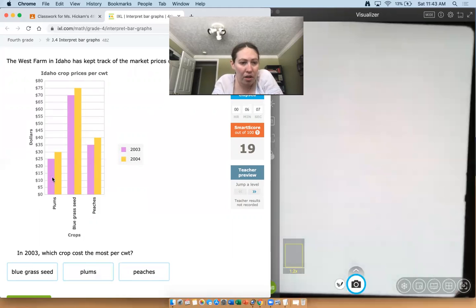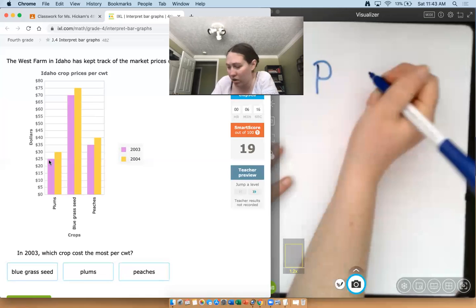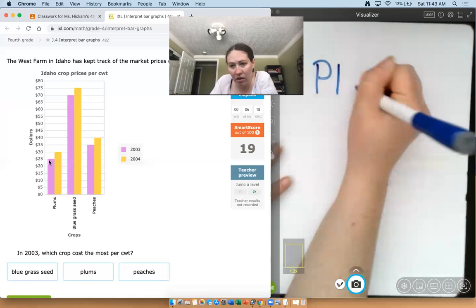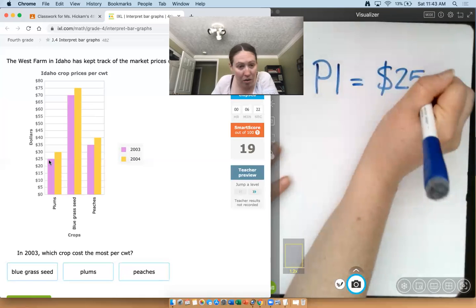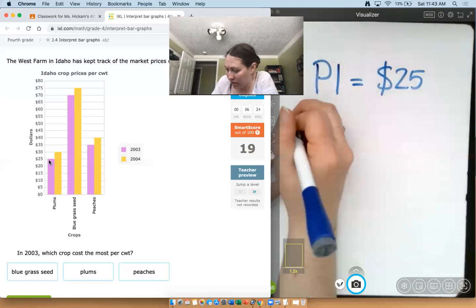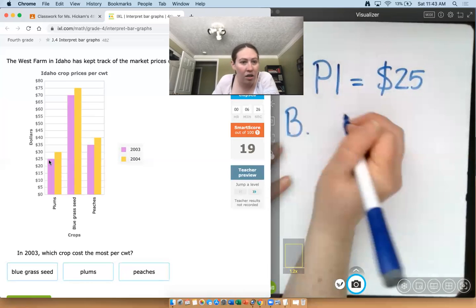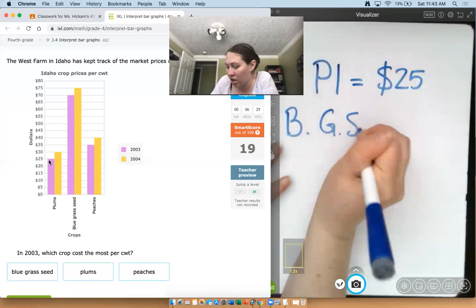Well, plums cost 25 in 2003, so I'm going to say plum equals 25. Okay. Bluegrass seed cost 70.